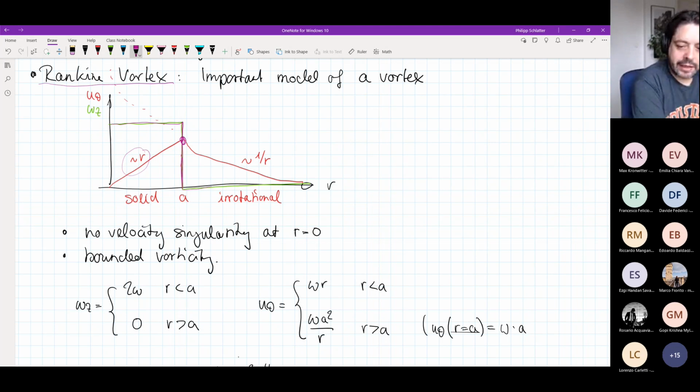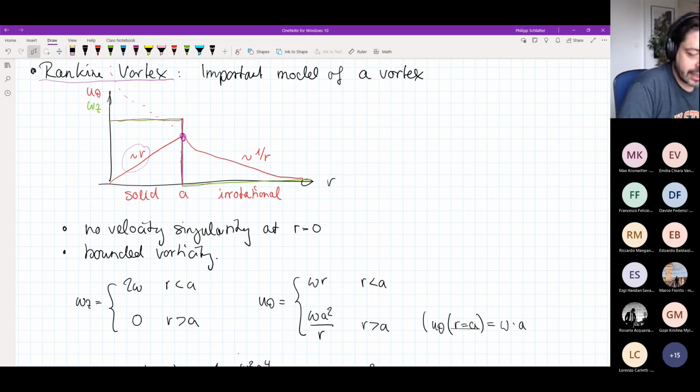So this is how a Rankine vortex would look, and how the velocity field actually convects particles. This is something that we looked at last time with a quick video, where you could actually see the convection of random particles in a flow field dominated by such a flow.